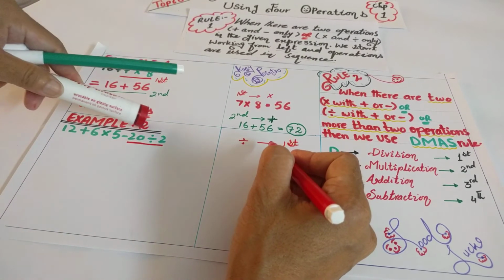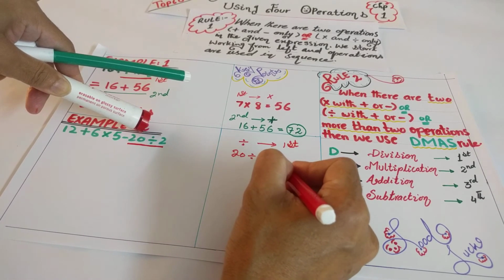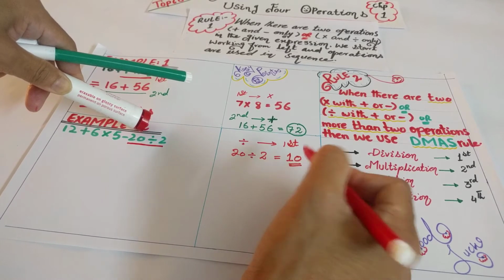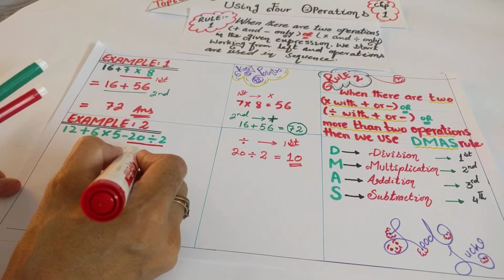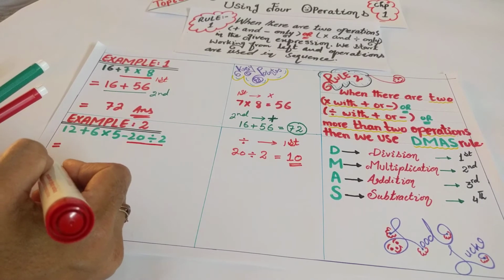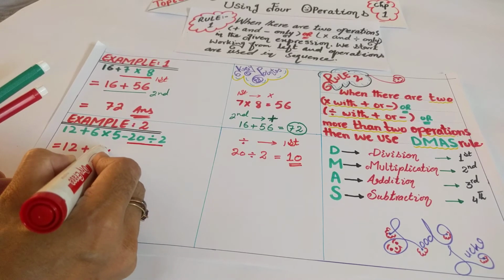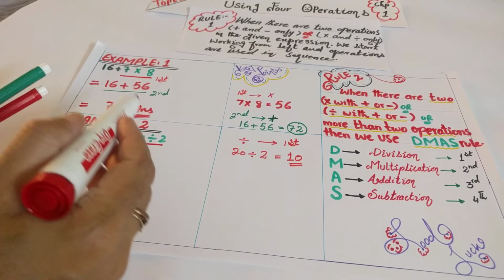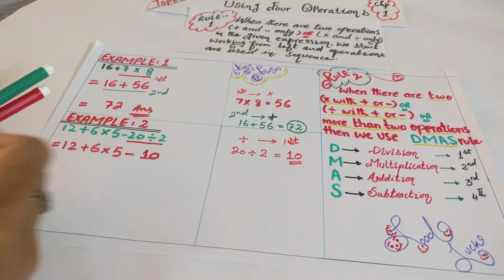In division we have two numbers, 20 divided by 2. 2 tens are 20, so our answer is 10. Equal sign. The remaining numbers and operations will be as it is. And at the end our answer is 10.